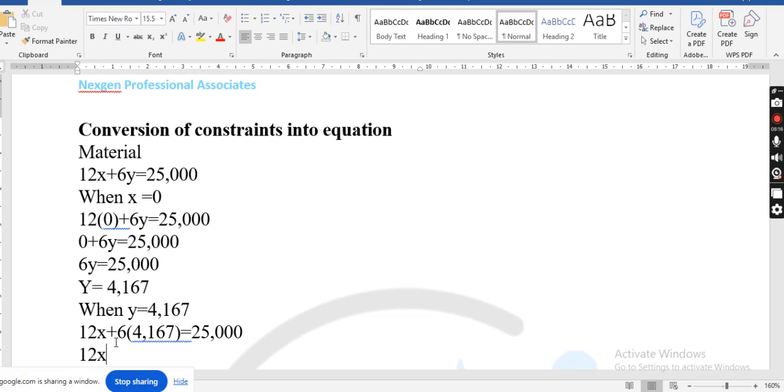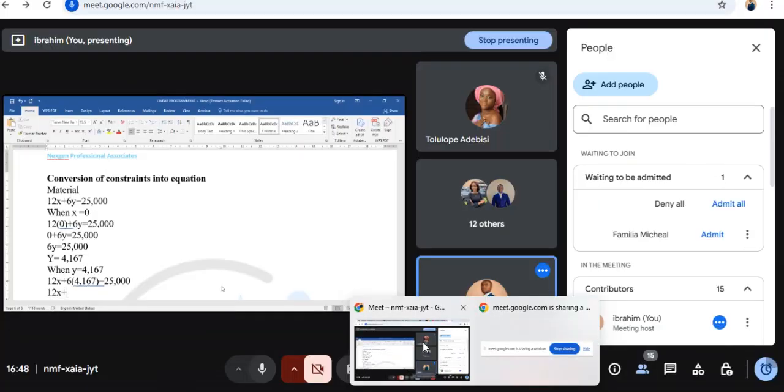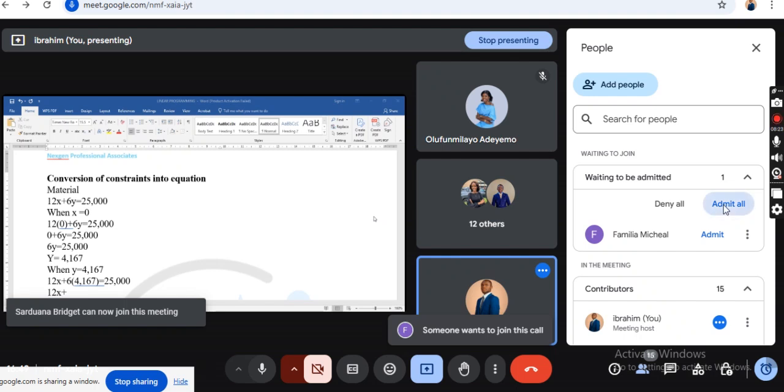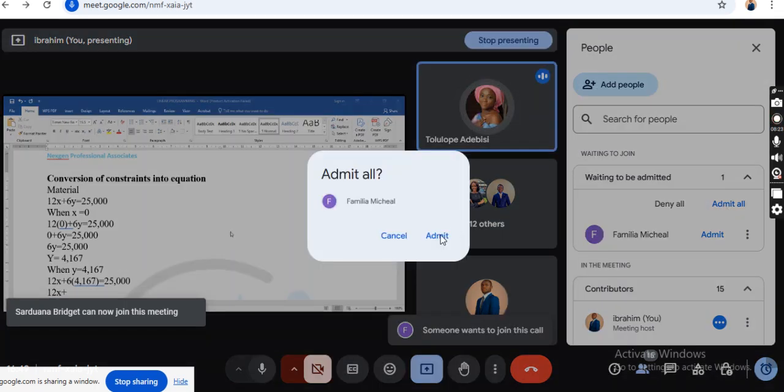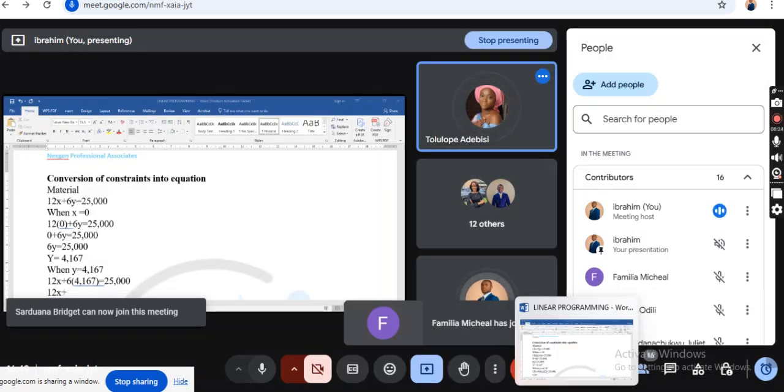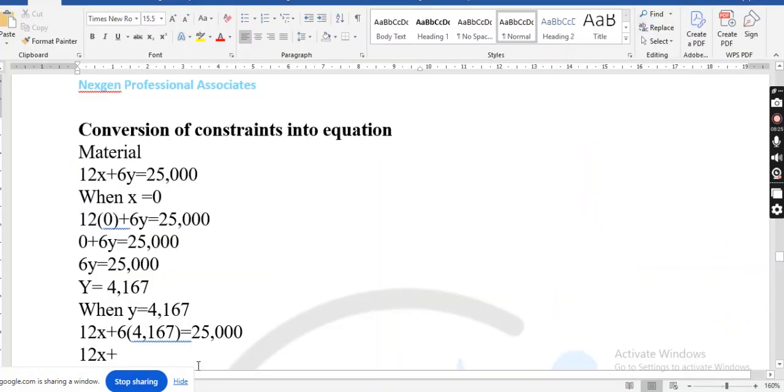So 12x plus, if you multiply 6 times this, what do you have? 25,002. Equals 25,000.